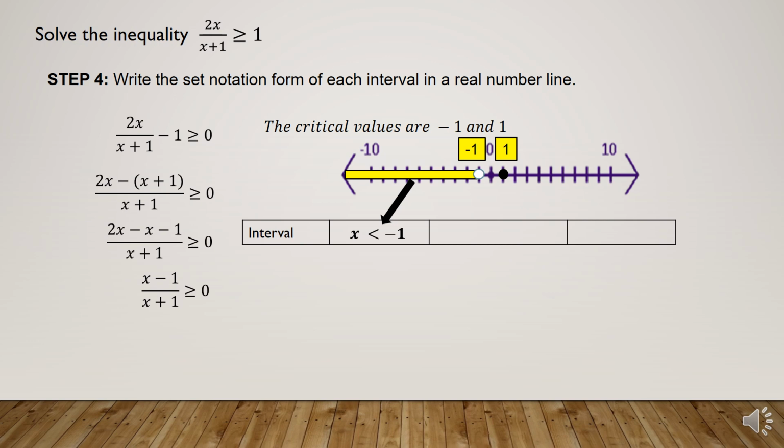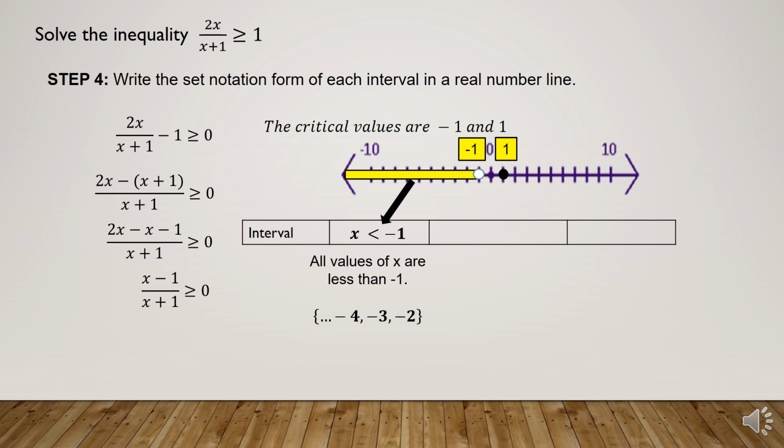You have observed that we use the inequality less than because that is an open circle in a real number line. It means that all values of x are less than -1. The values are from -infinity to -4, -3, and -2.